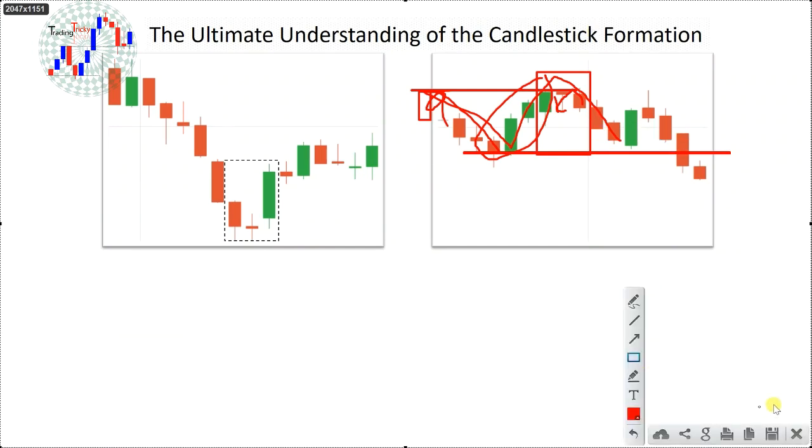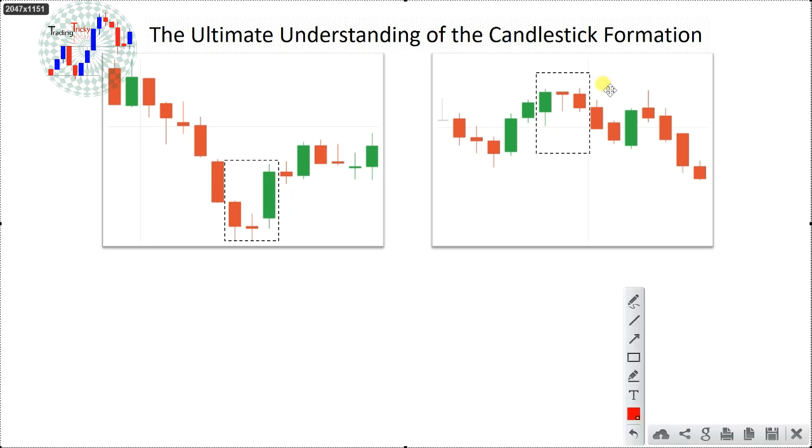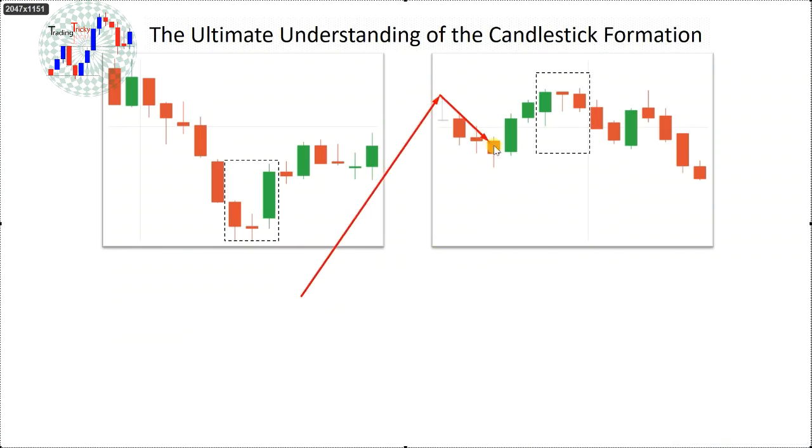So we have sellers entry, because after this formation, after this evening star, most of the time we can expect sellers entry. But if this is a strong trendy market like this, then sometimes we can expect buyers entry.